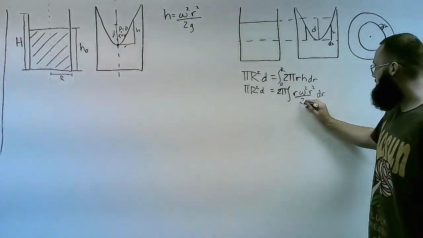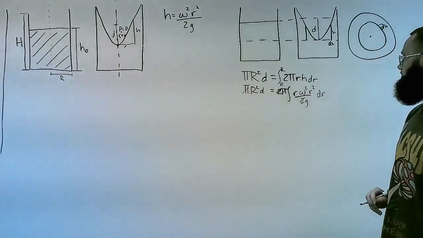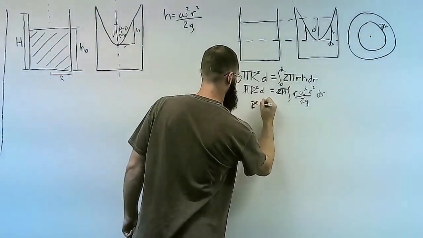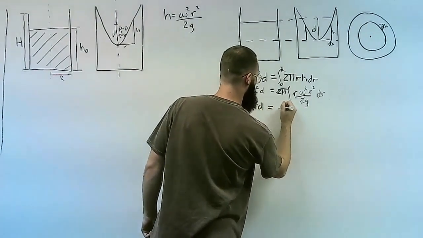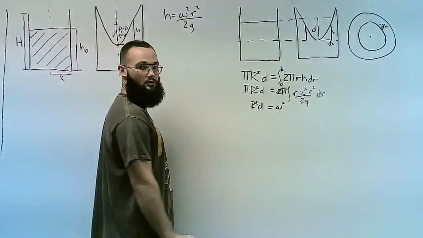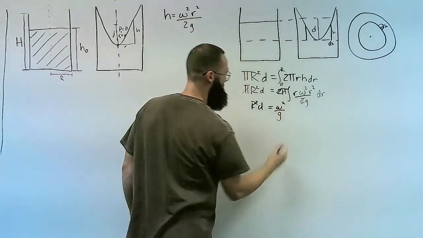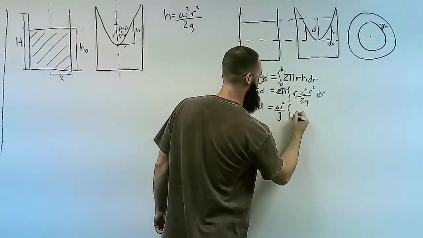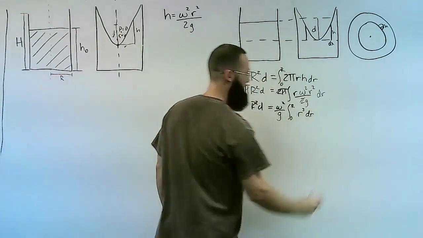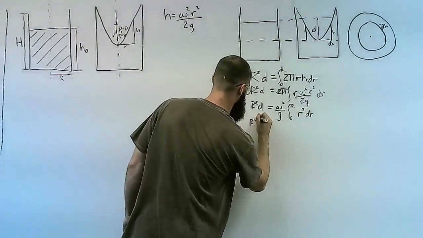From here we see these 2's cancel, these pi's cancel, and now we have some simplifying to do. That leaves us with R squared times d is equal to omega squared, which can come out because it's not being integrated upon, over g, times the integral from 0 to R of r cubed dr. And that's, again, a very simple integral for us to do.